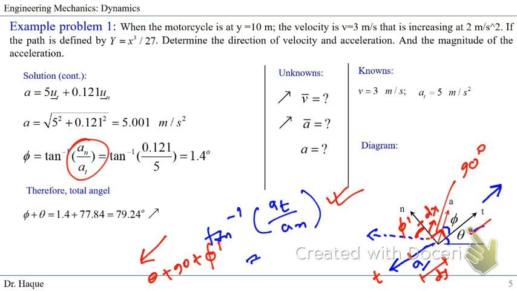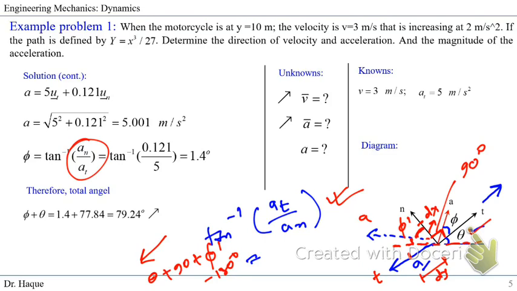So we can also take negative 180 to find the exact angle between the horizontal axis and the acceleration if it was downward.